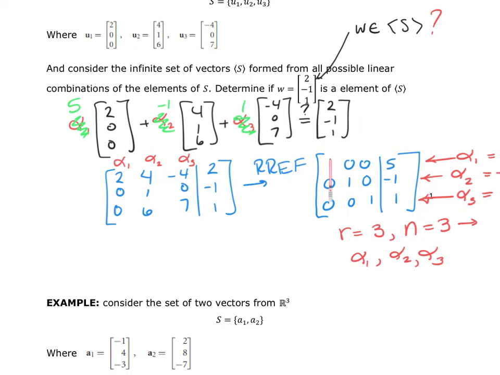So I found that there is only one linear combination of my three vectors to get this particular vector. So the answer is yes, W is an element of the span. Now remember, the span is infinite. I could have had any alphas to get a different vector, but they wanted in particular this vector.